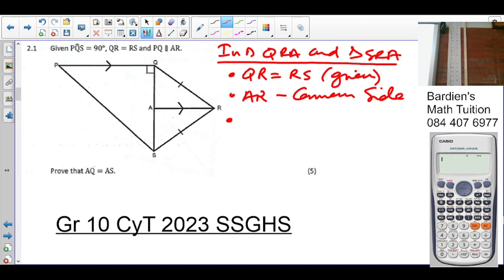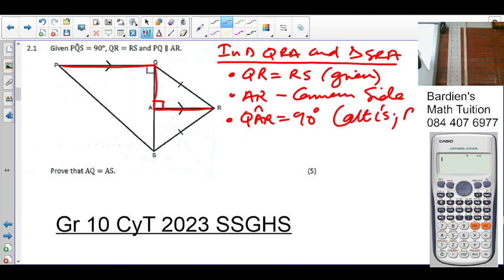Then thirdly, we need to say, as you can see, those lines are parallel, so that angle is also 90, not so? So QAR is equal to 90 degrees. Why? Alternate angles with PQ being parallel to AR.